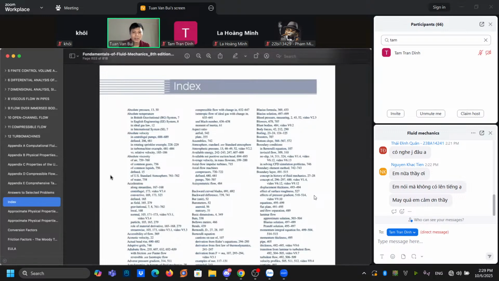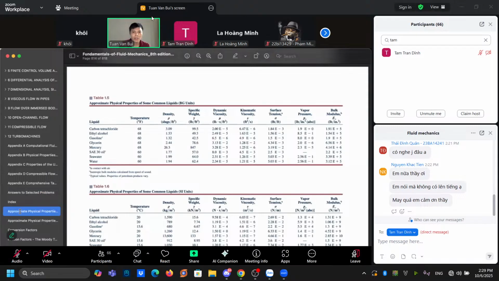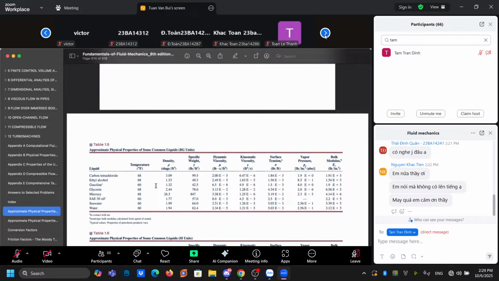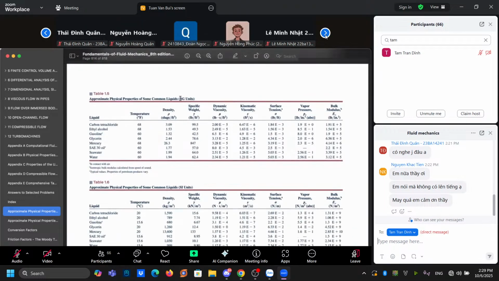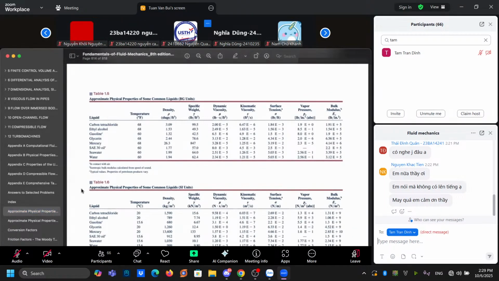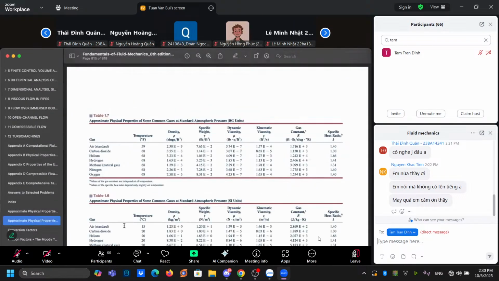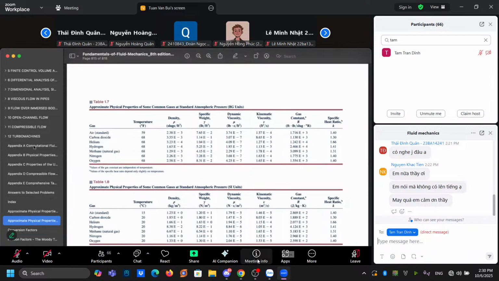And then if you continue, you have other approximate physical properties, like those of some common liquids, also in BG units and in SI units. So you will use the appendix for the exercises. Please remember that this is very important. Okay.